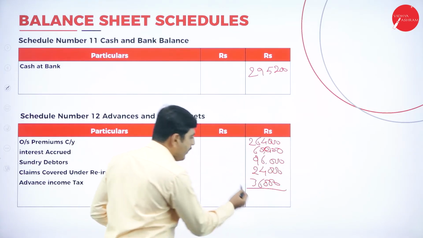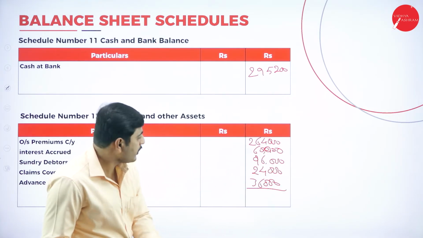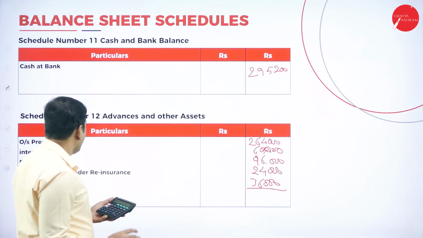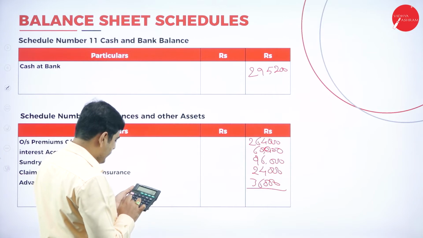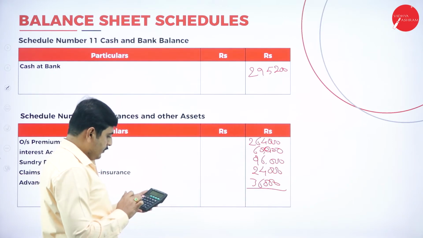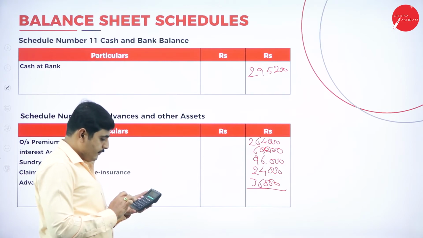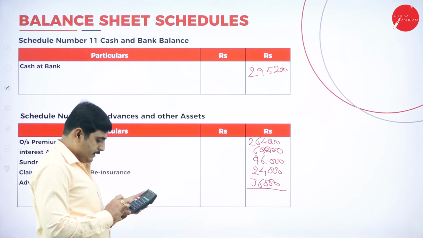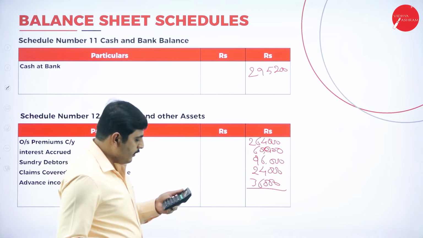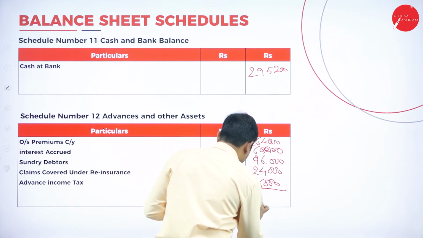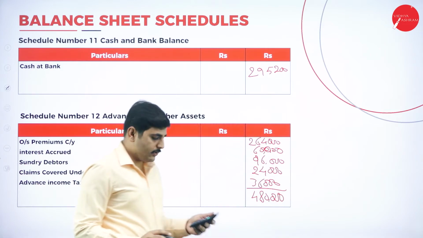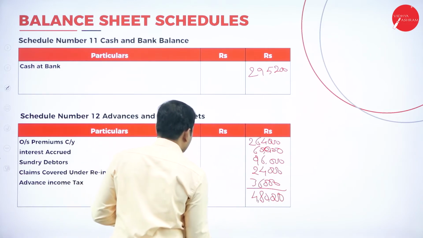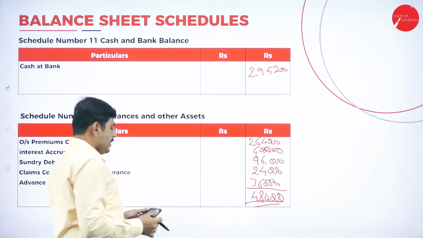Now add all the amounts, then we'll get the total advances: 2,64,000 plus 60,000 plus 96,000 plus 24,000 plus 36,000. Totally we'll get 4,80,000. So 4,80,000 is the total for schedule number 12.